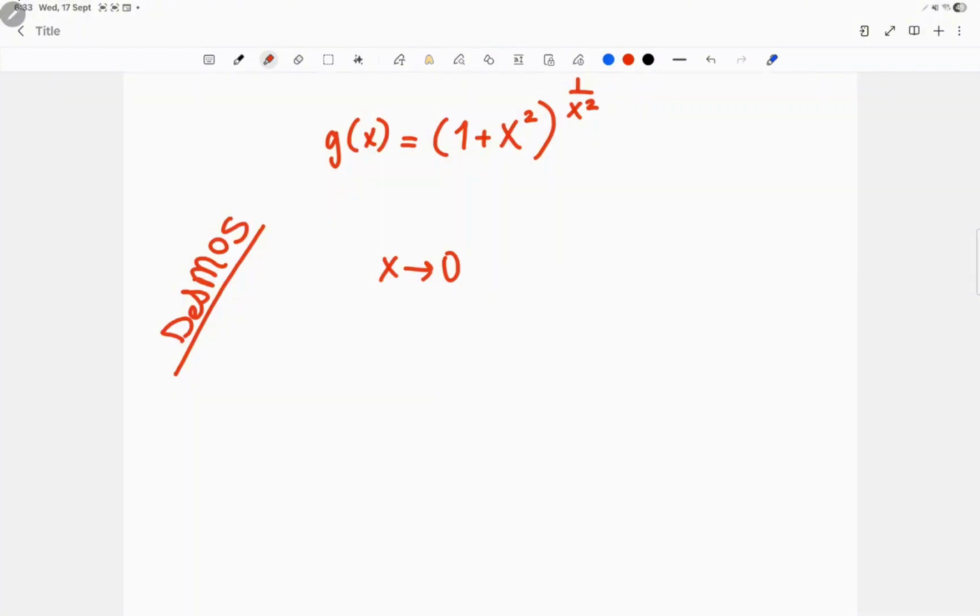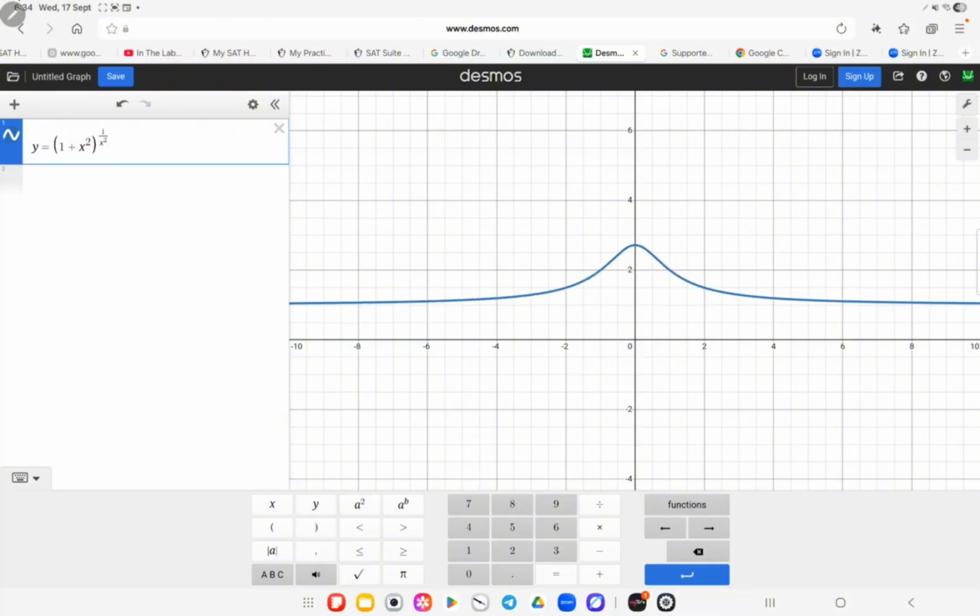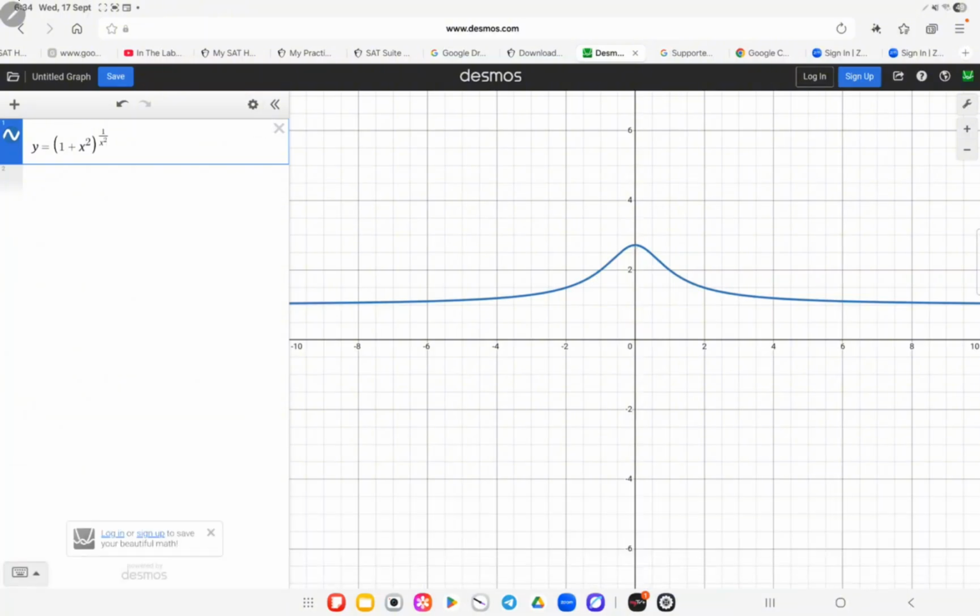Plug in Desmos, please. Where's Desmos? Where do we have it in our phones? So the function is going to be y is equal to, it was g of x, same thing, bracket 1 plus x squared, close bracket, and then to the power of 1 over x squared. And it's set as x approaches 0, right? 2.80 something. Here, it's right here.